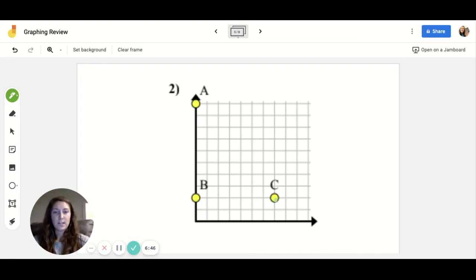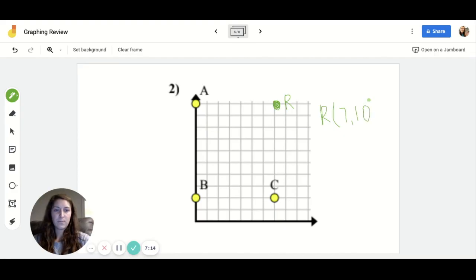So I would have to start at C and go up. It would be plotted right there, and I would need to count 1, 2, 3, 4, 5, 6, 7, then up 1, 2, 3, 4, 5, 6, 7, 8, 9, 10. So I will label this one R, and point R would be 7, 10.